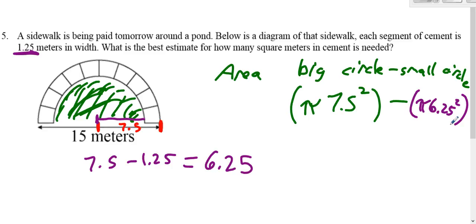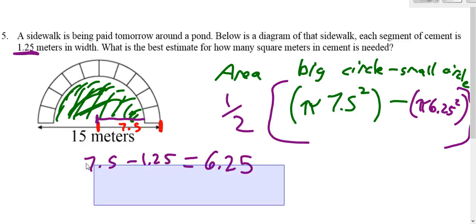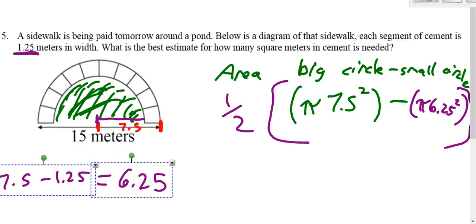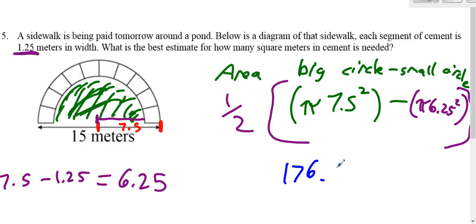And then this is not a full circle, it's only half of a circle, so once we're all done with that, we only want half of this final answer here. Because they're both half circles. So 7.5 squared times pi is about 176.6. 6.25 squared times pi is about 122.